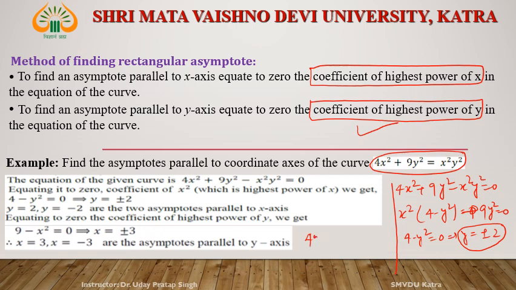This equation can be written again as y square times 9 minus x square equal to 0, and this gives us 9 minus x square equal to 0, so x is equal to plus minus 3. Then there are four asymptotes: y equal to 2, y equal to minus 2, x equal to 3, and x equal to minus 3. These are the four rectangular asymptotes, right?